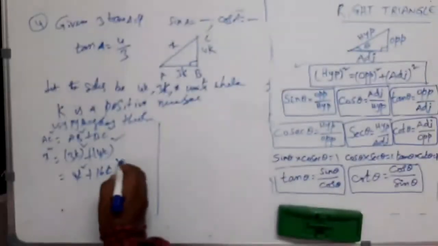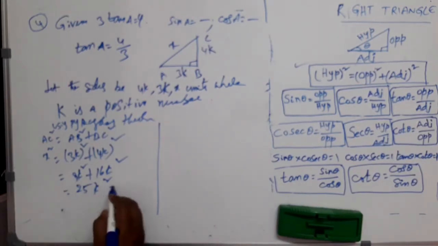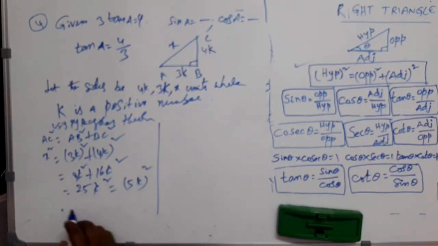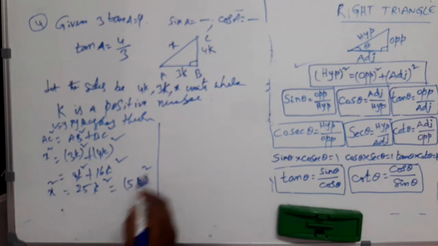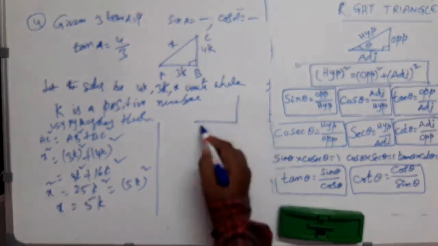So this is 9k square plus 16k square, which is 25k square. But 25k square can be written as 5k whole square, because 25 is 5 square. So x square is 5k whole square. So what can you say about x? x is 5k.